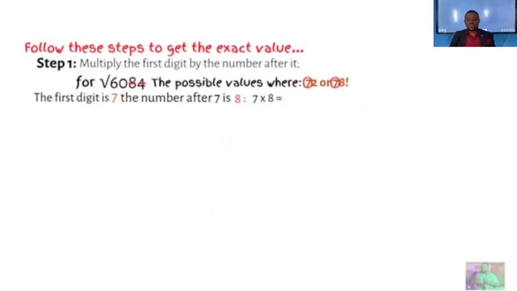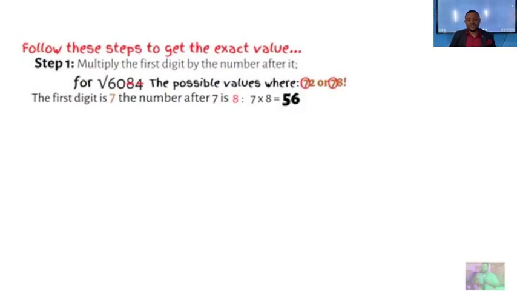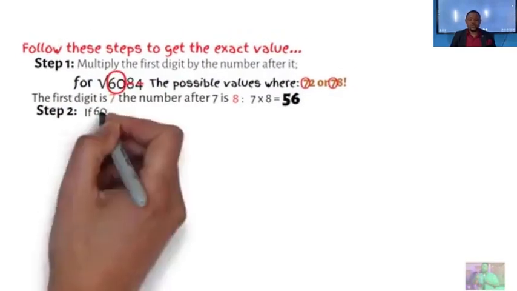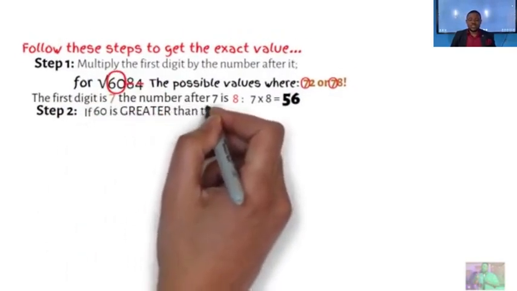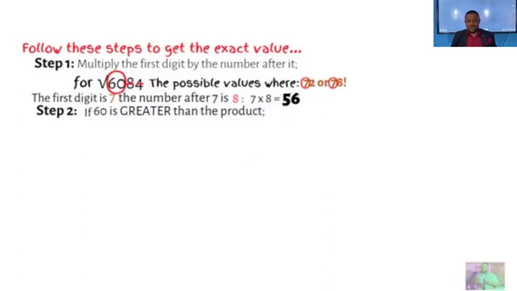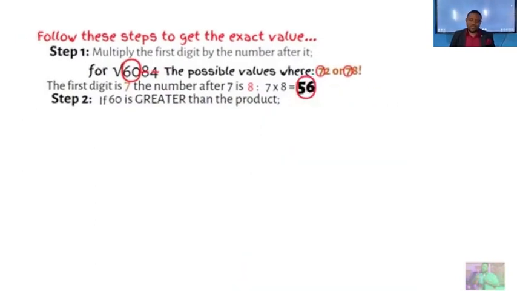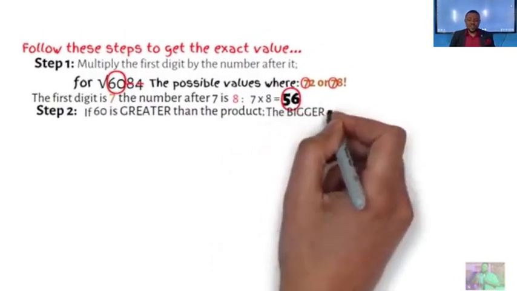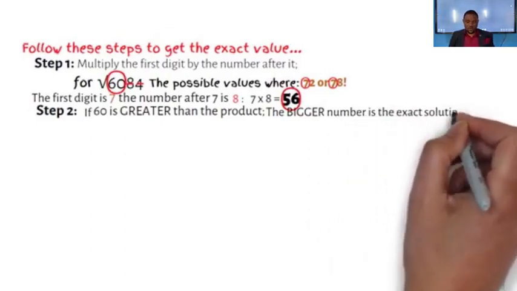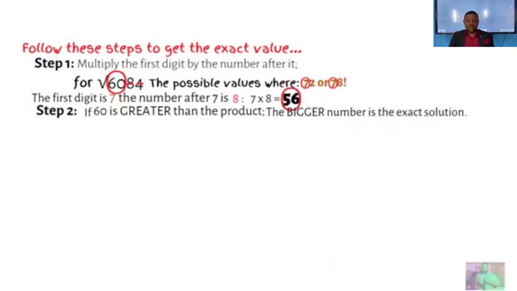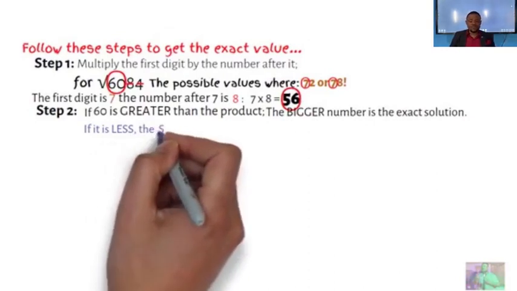And the next thing is, for the number 6084, I'm going to take out the last two digits, that's 84. I've already cancelled that out already. You see, I strike that out. Remaining 60. So if 60 is greater than the product I just had now, it means that I'll take the bigger value. But if 60 is less than the product, I'm going to take the smaller value. Well, as it is right now, 60 is bigger than 56.